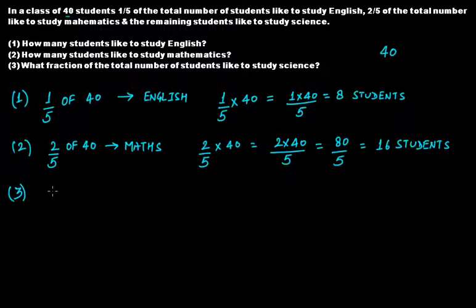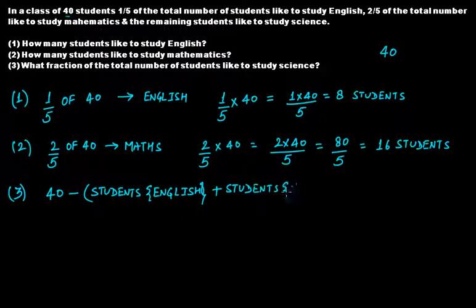So if there are a total of 40 students, and if we subtract from these 40 students those that like English plus students that like mathematics, that is students that like English plus students that like maths, we'll get the number of students that like science.